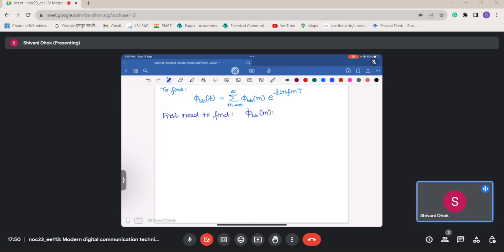And this phi BB of m is simply equal to expectation of Bn into Bn plus m. So this we know.